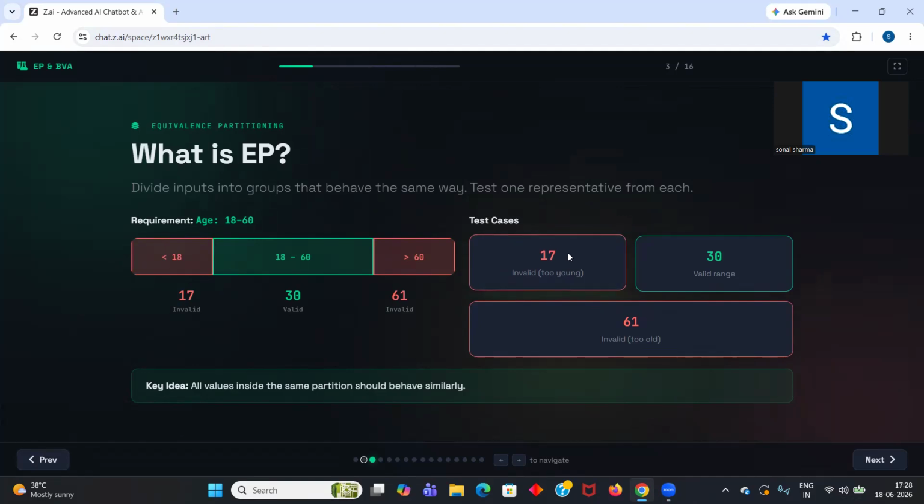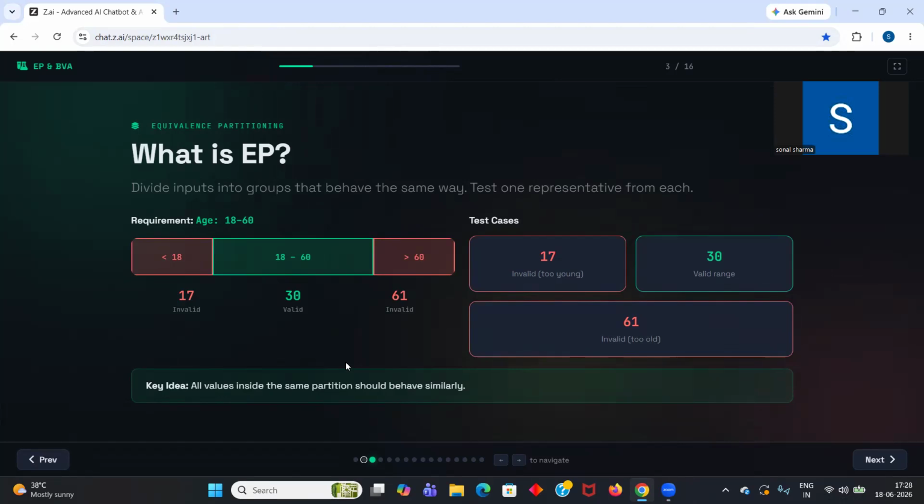You can test one value 17, that should not be accepted. One value as 30, that comes in the valid range, so that should be accepted. And one value as 61. Since it is more than 60, that should not be accepted. So all values inside the same partition will behave the same.